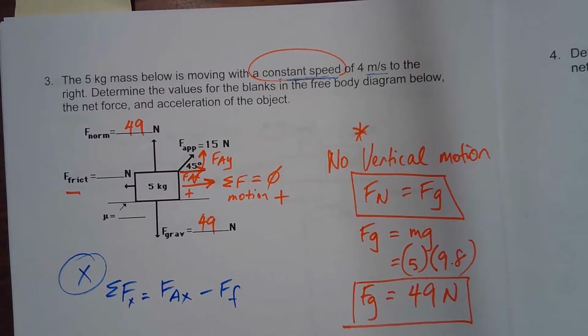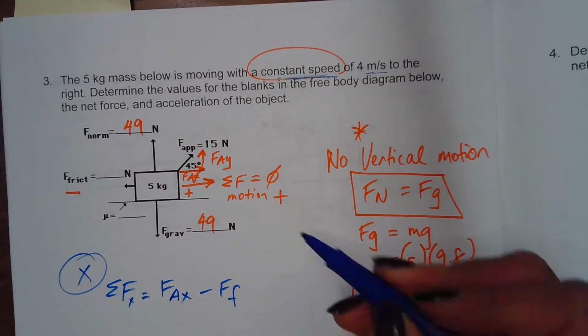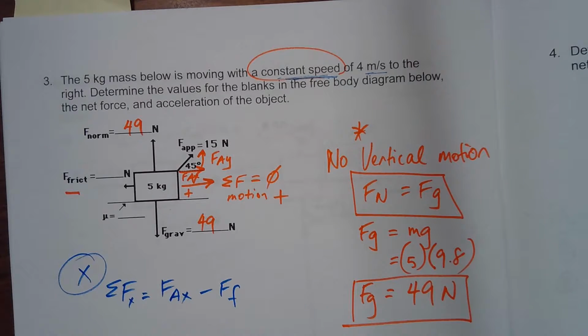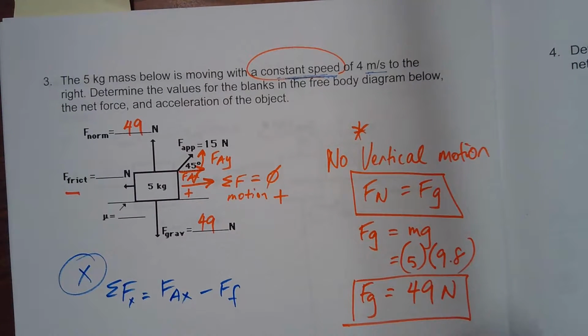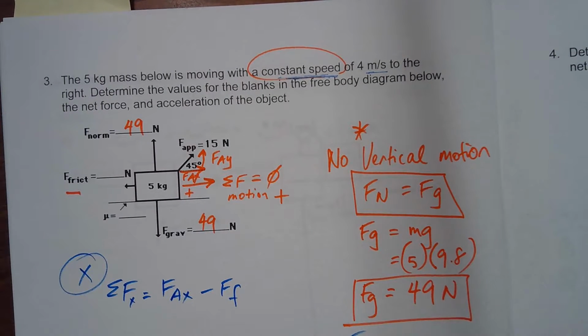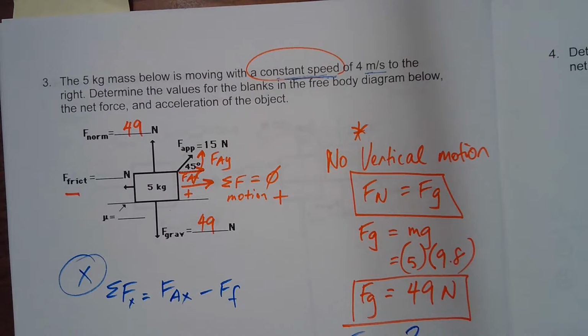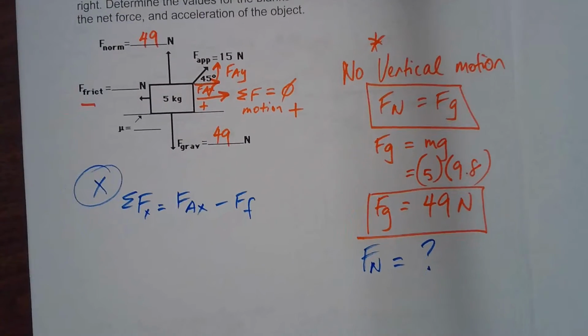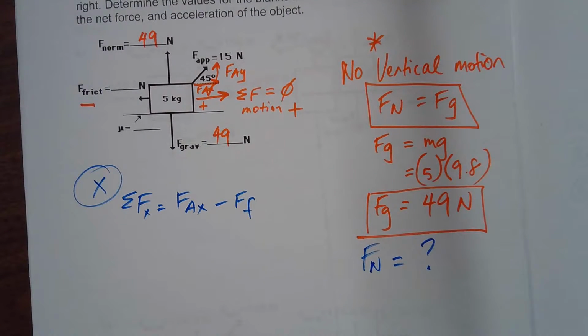Actually, the Fn here will not be 49. I just realized that there is applied force there. I forgot. This object is being lifted a little bit. I'm going to go back to this one for a little bit here, okay? Your Fn is actually going to be something else here. It's not going to be 49. Can we take a look at the y component here? There's no vertical motion still.